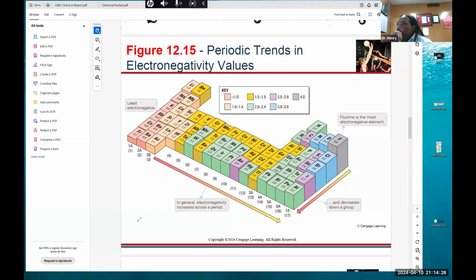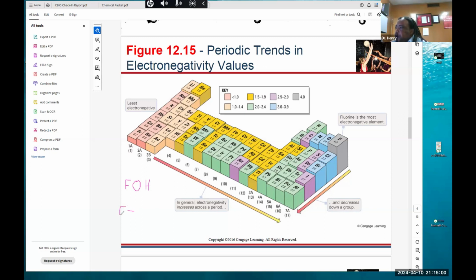Okay. So let's say we have FOH. Okay, so in this case, who has lower electronegativity? Who's going to be in the middle? Oxygen. That's right. Oxygen is going to be in the middle.